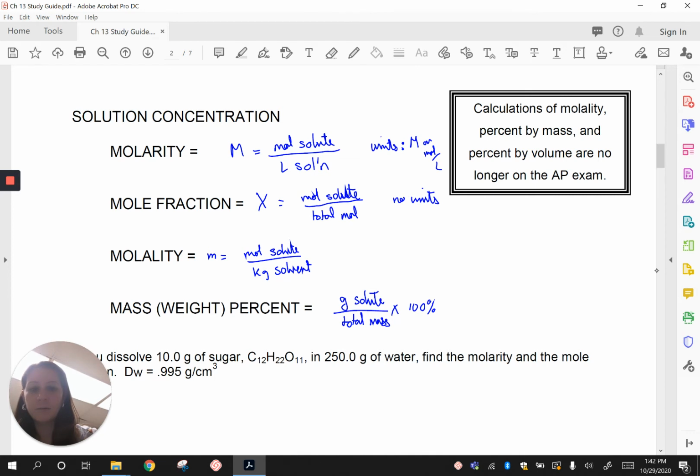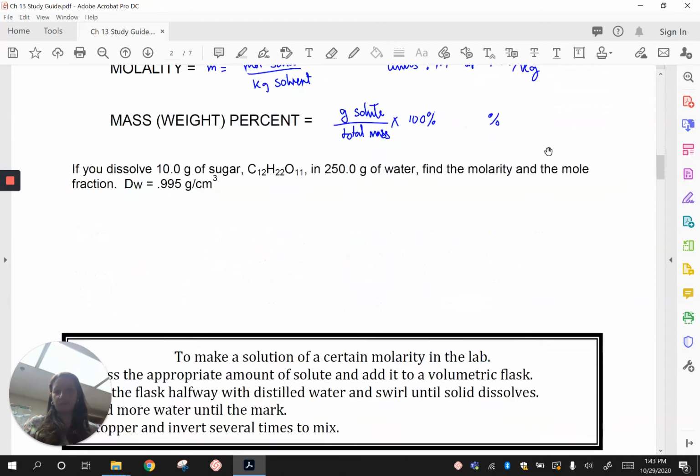For molality, the units are little m, which we pronounce as molal, or moles per kilogram. And for mass percent, it is just percent. It's not really a unit because it's grams over grams and then times percent. So again, no calculations of molality on the AP exam.